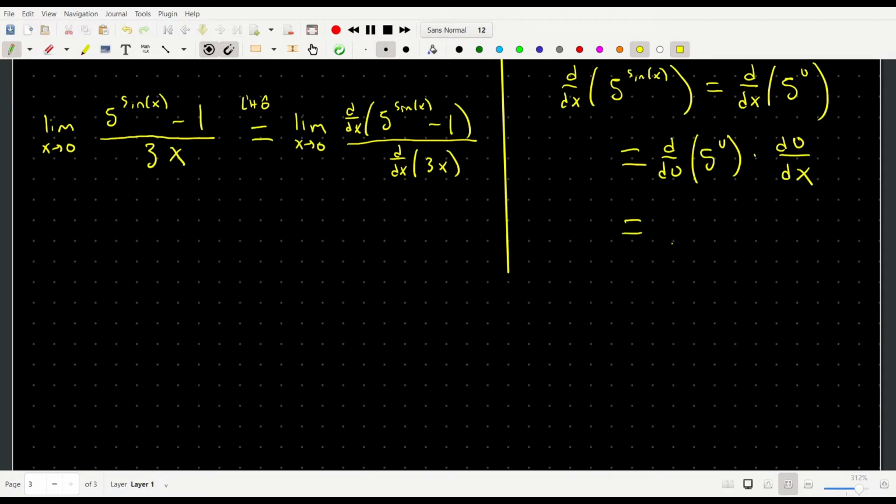So this is going to be natural log of the base, natural log of 5, times 5 to the u, and the derivative of u with respect to x, where u is sine of x, this is cosine of x.